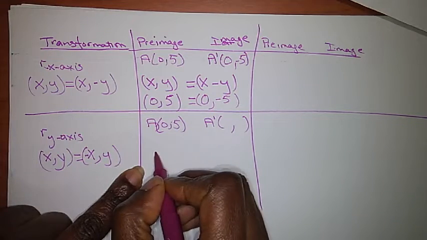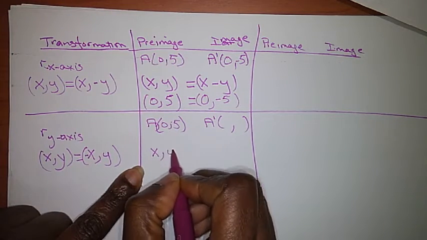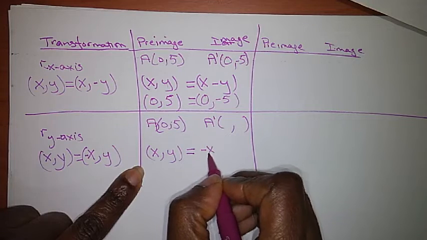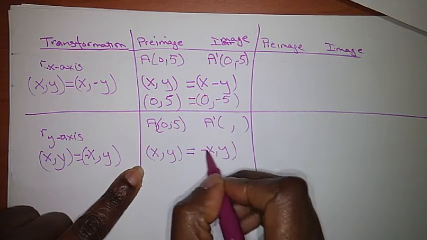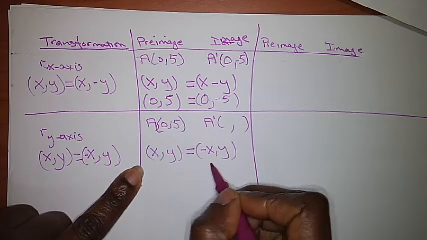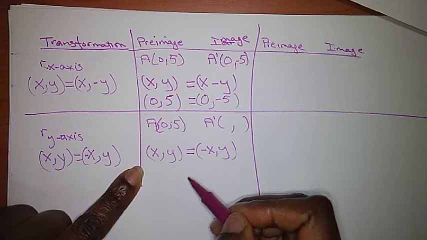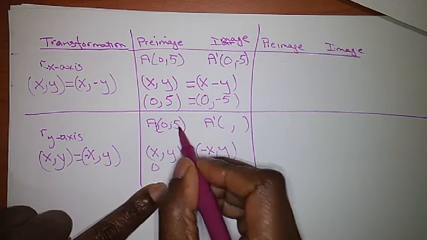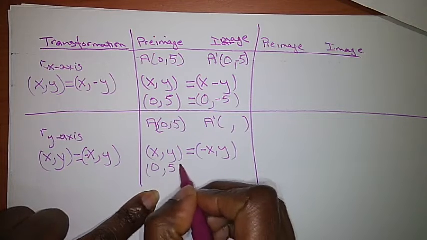Again, I'm going to rewrite this rule for my purpose because that helps me in my steps. My x value again is 0. My y value is 5.